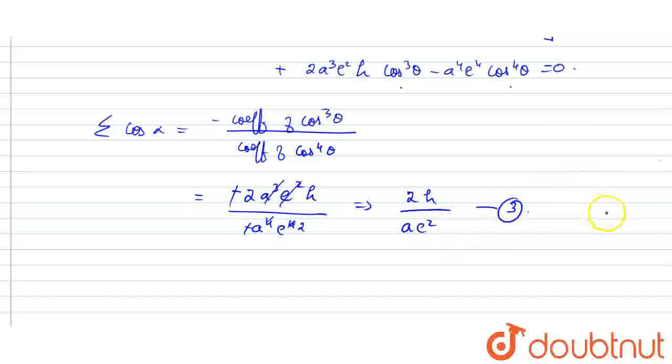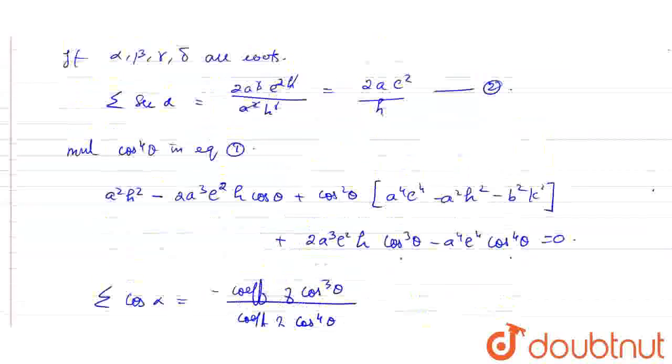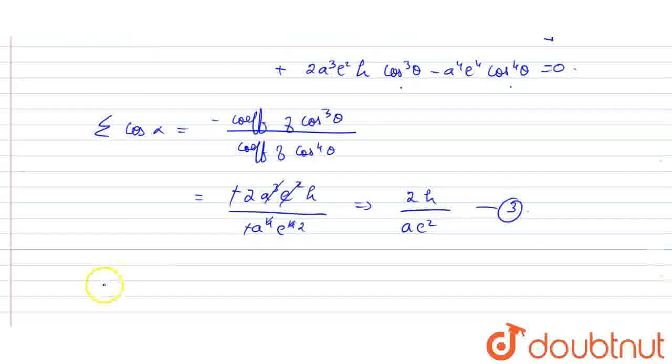Okay, so now I'm going to substitute. Now I'm going to find the value here. So find the summation of secant alpha into the summation of cos alpha, which is equal to the third value.